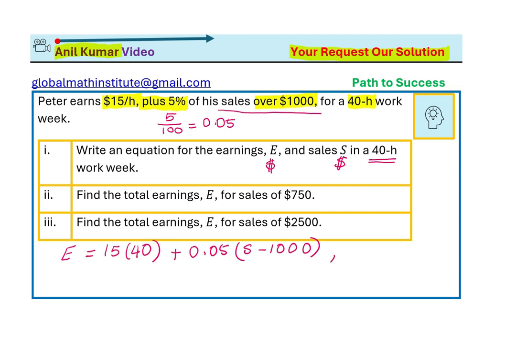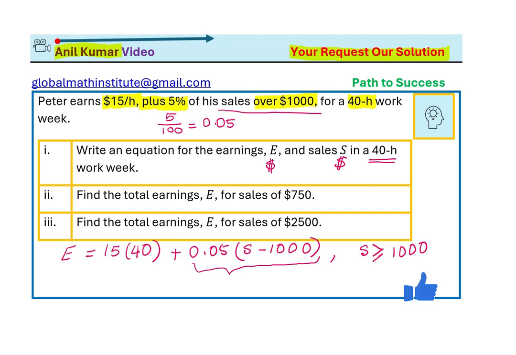This equation is still not complete. This equation is actually only when sales is more than or equal to 1000. You will notice if we put sales as less than 1000, the earnings will be less than the fixed earning of 15 into 40. So we need to take that precaution, right? This part is only valid for that amount.